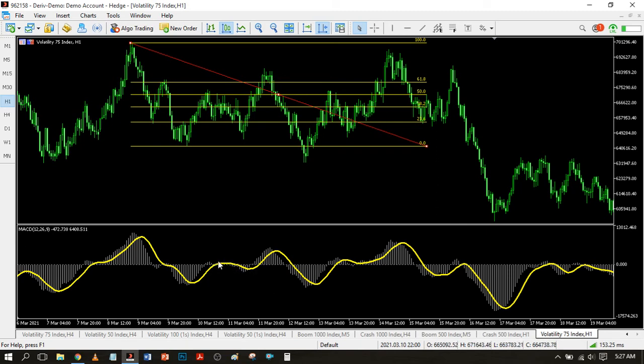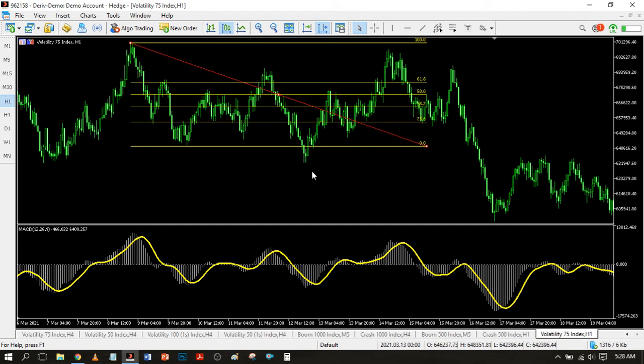Don't forget that the reverse would be the case if you're looking for an upward signal. The MACD will need to cross below the 0 line. But here you're looking for a sell signal, so the MACD crossed above the 0 line, and you can see right here you just make a little profit, and that's it.